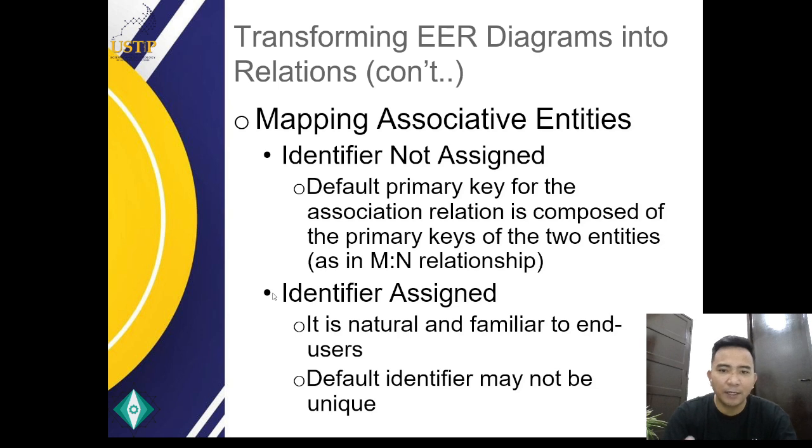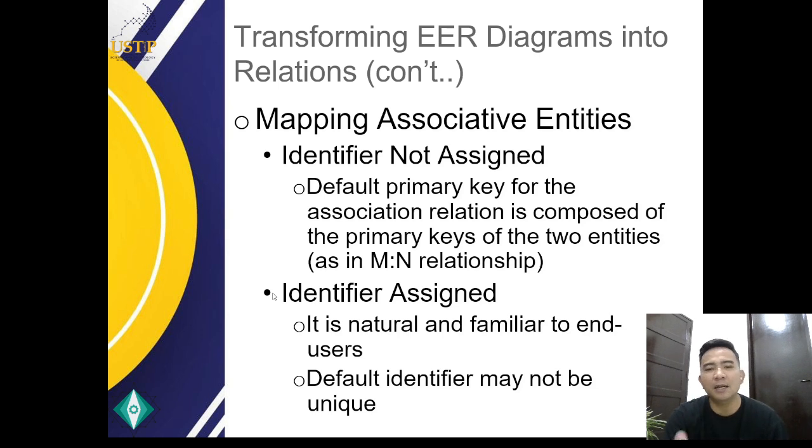So, identifier not assigned or default primary key: when an associative entity does not have a unique identifier assigned to it, the default primary key is composed of the primary keys of the two entities involved in the relationship.